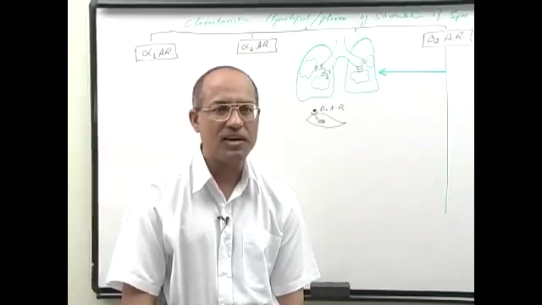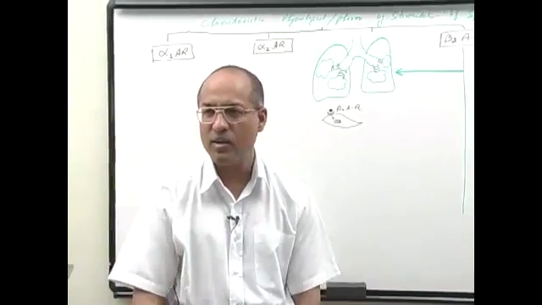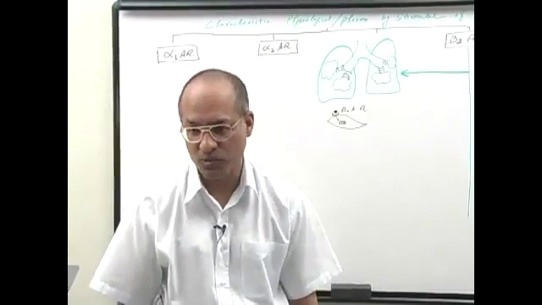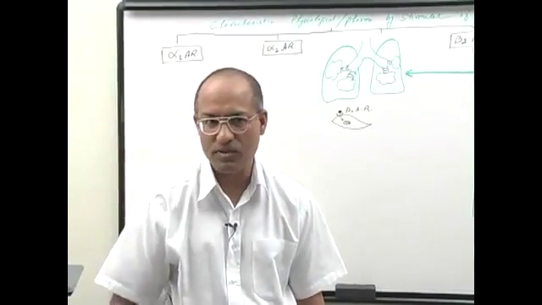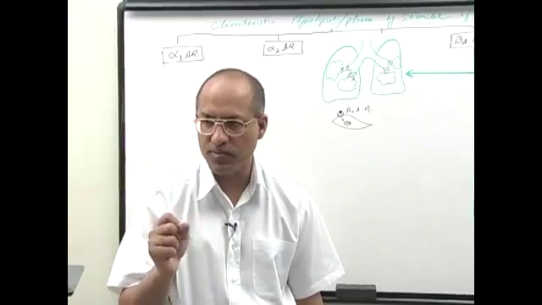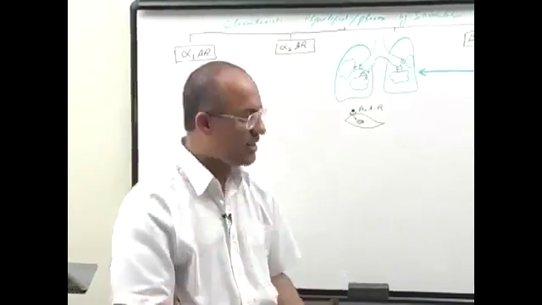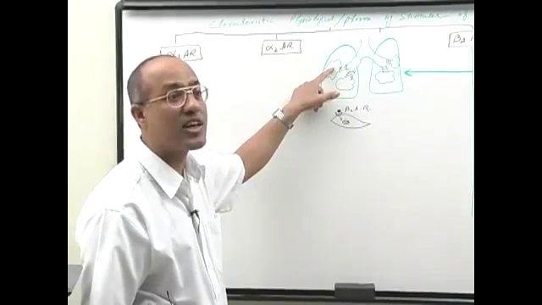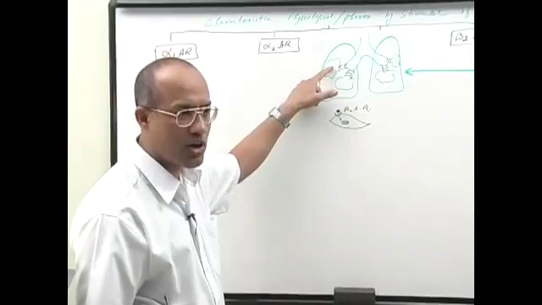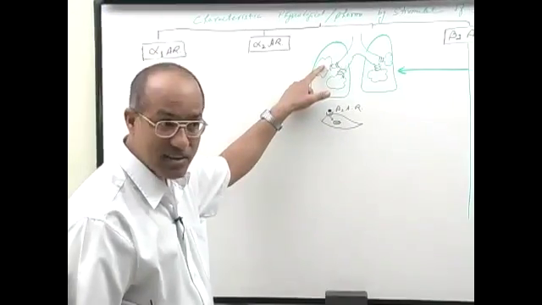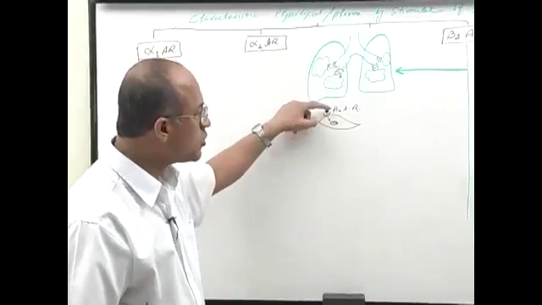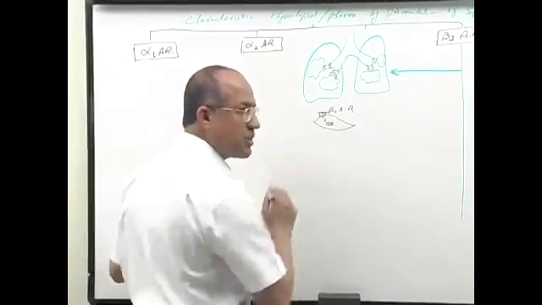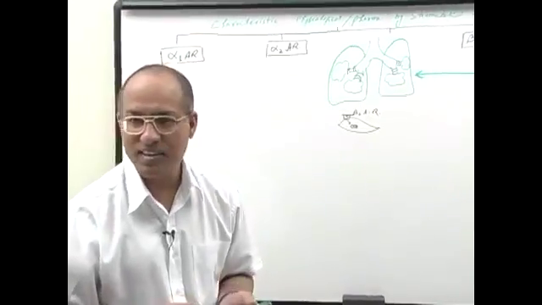Is there any other component of the lung where there are beta 2 receptors? Of course, there are beta 2 receptors present on bronchial smooth muscles, and whenever you stimulate them, there is beta 2 mediated bronchodilation. And the clinical point is that beta 2 stimulants are used as bronchodilators like terbutaline, albuterol. And you must also know beta 2 blockers like propranolol, which are beta 1 and beta 2 blockers.